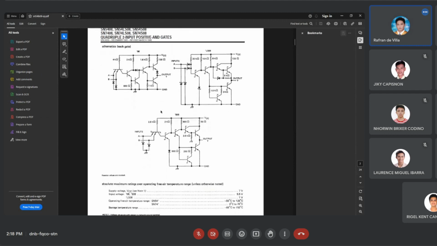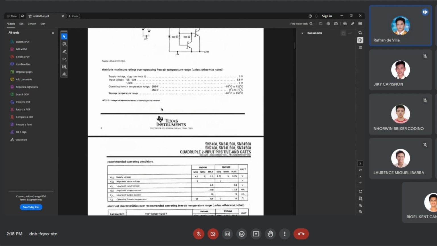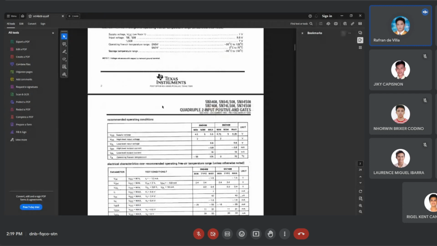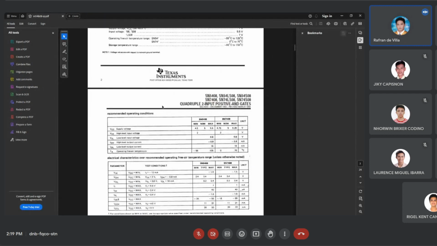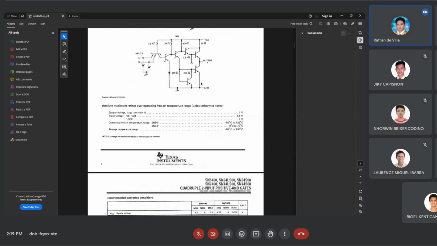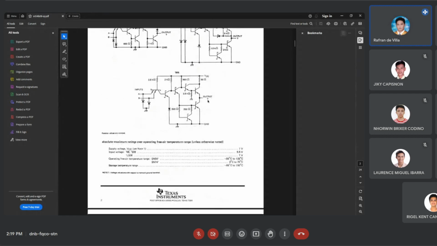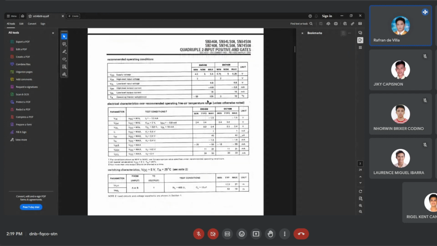Now, when we are trying to identify how many input pins a digital IC output pin can drive, we need to take note of the following electrical characteristics.